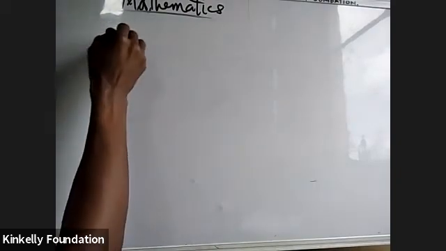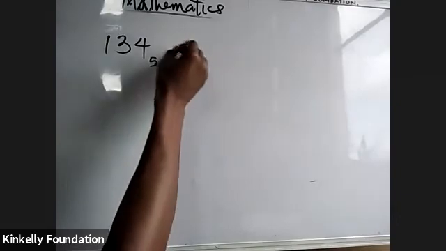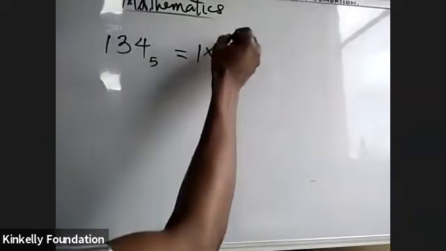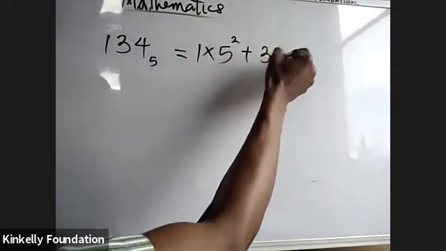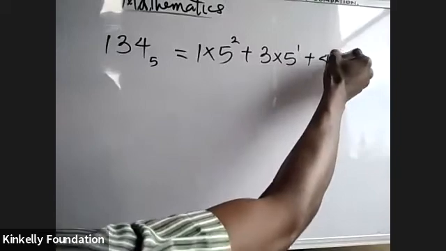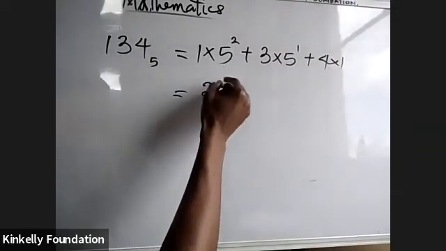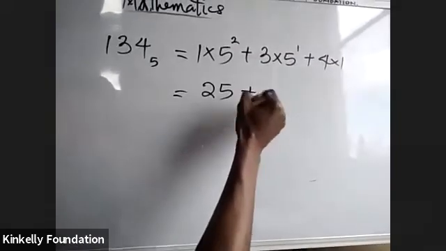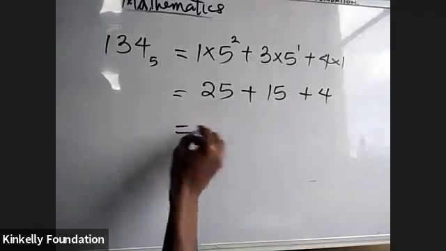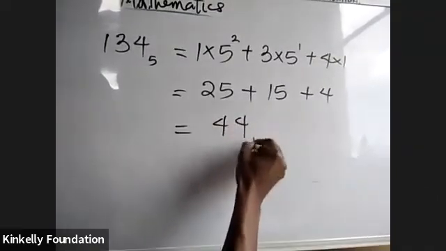If you say 134 base 5, when you express it, you are going to have 1 times 5 raised to power 2, plus 3 times 5 raised to power 1, plus 4 times 1. Now, this one gives us 25 times 1, 25. This one gives us 15, plus 4. We have 44.